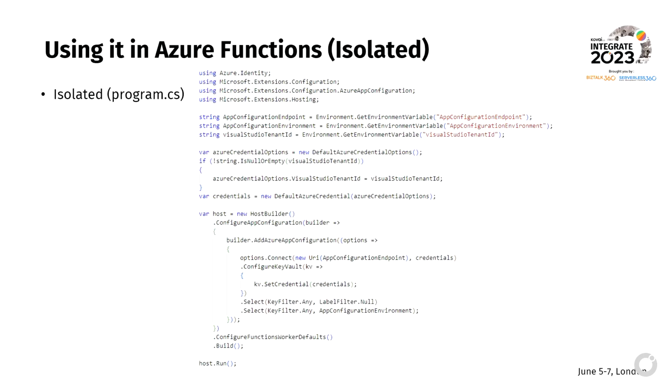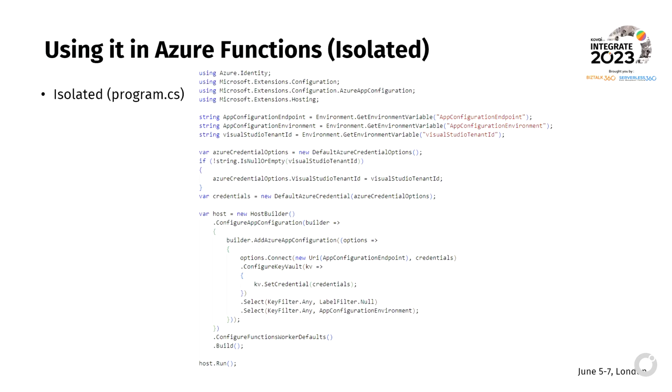Isolated. So the difference in isolated is that this code is now in program.cs. That startup doesn't really exist in the isolated process. But you're doing exactly the same thing. It's just a different place to put it.